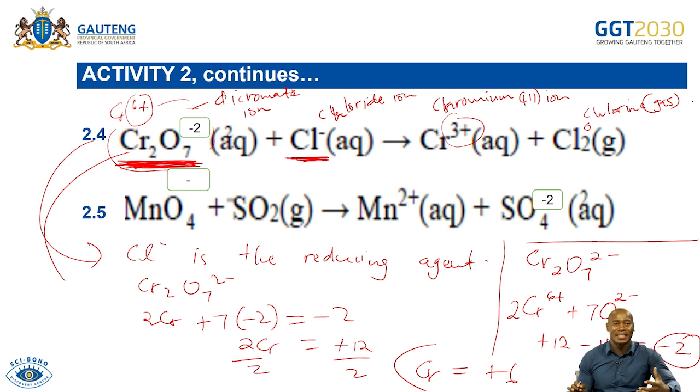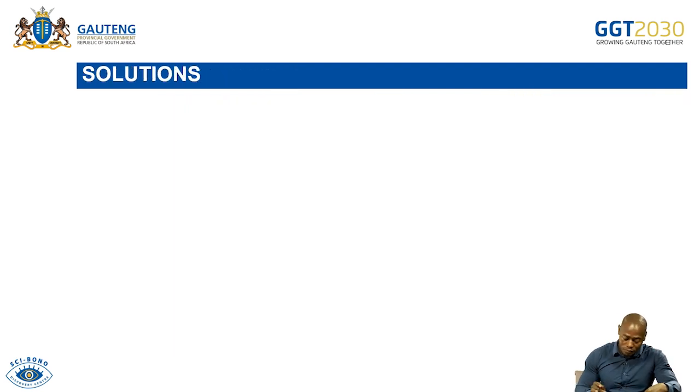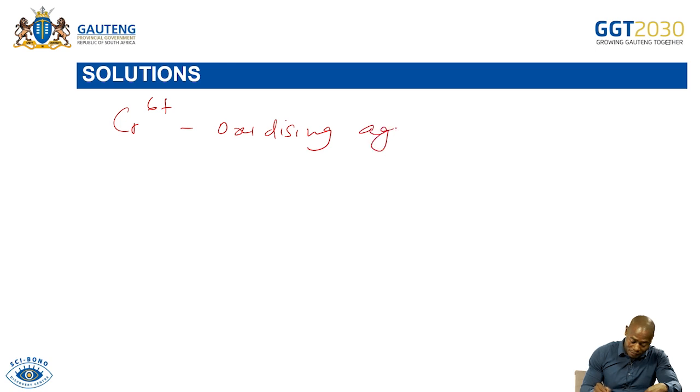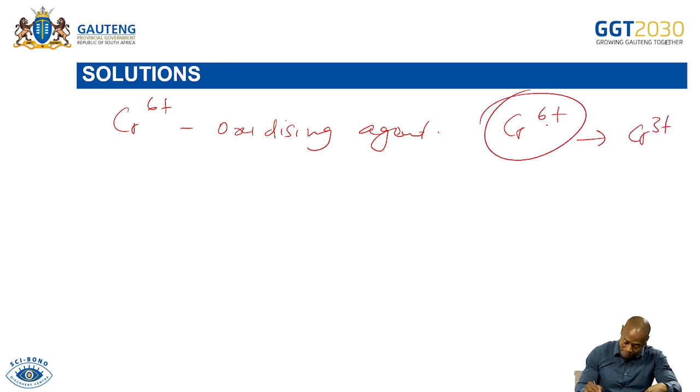It's the decrease in oxidation number of Cr6 plus, so Cr6 plus will be your oxidizing agent, because it goes from Cr6 plus to Cr3 plus. So the first thing to do is get the oxidation number of Cr, so that you can determine the oxidizing agent.